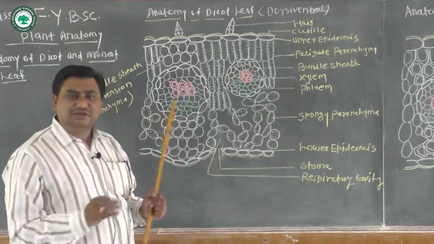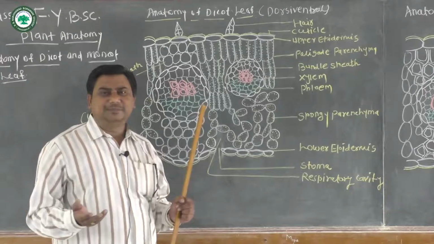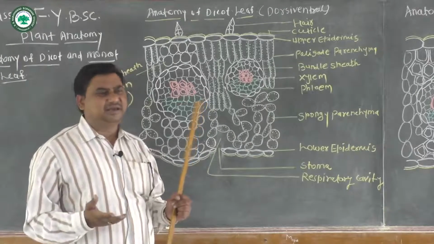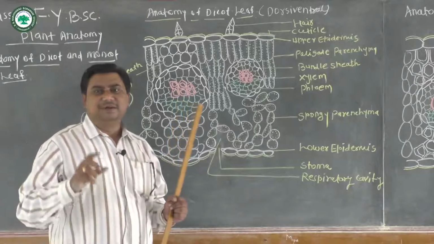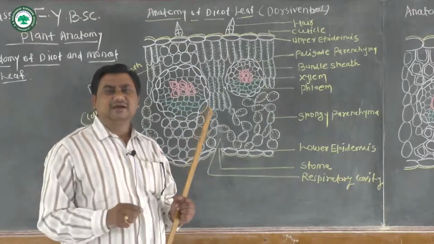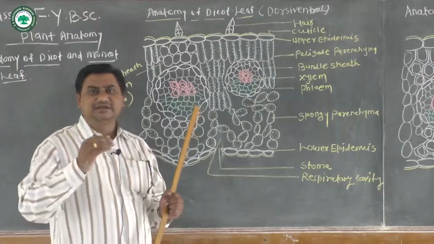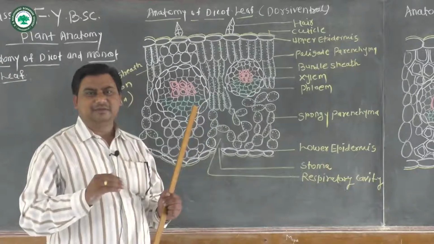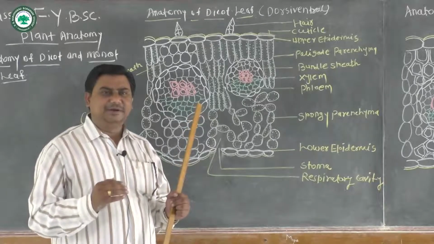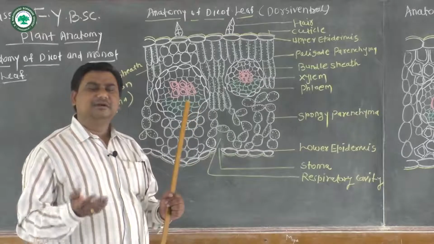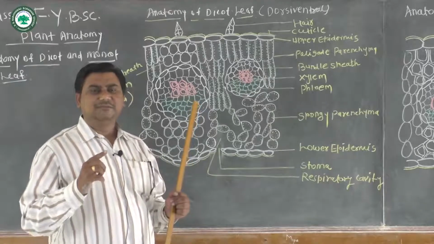And the open type of vascular bundle, friends, we observe in the stem, especially in the dicotyledonous stem, where there is a multi-layer cambium present between the xylem and the phloem. That's why that vascular bundle is said to be the open type.